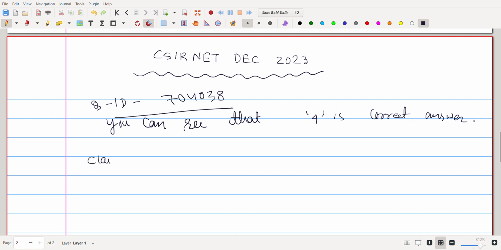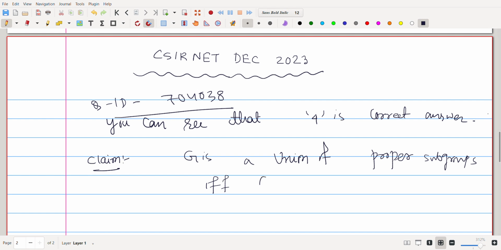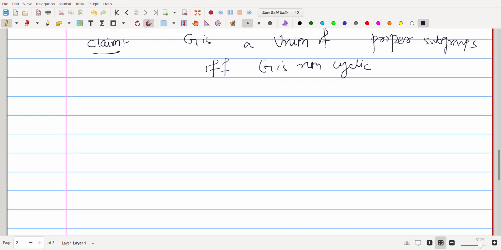So claim: G is a union of proper subgroups if and only if G is non-cyclic. How do I show that?